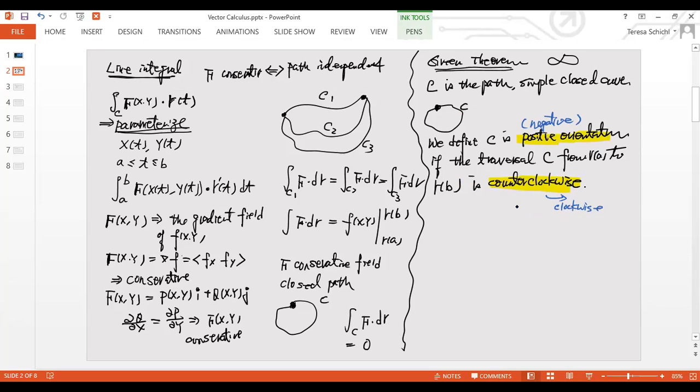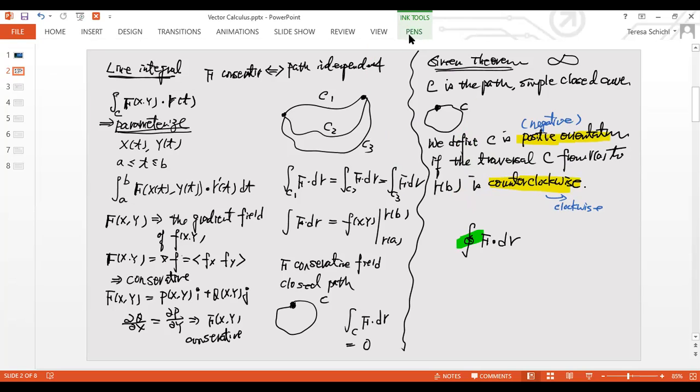So we're going to introduce a new notation here. I'm integrating over C in the positive orientation, of this field along this path. We use this new notation for Green's theorem because if you go counterclockwise or clockwise, they will yield different results.